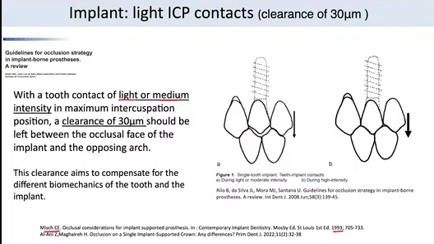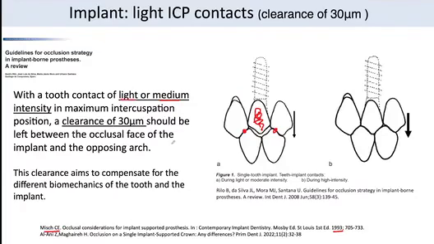Following Misch, you must have contact only on the natural teeth. Contact here, but no contact on the implant crown. And with a clearance, a free space here, of 30 microns.